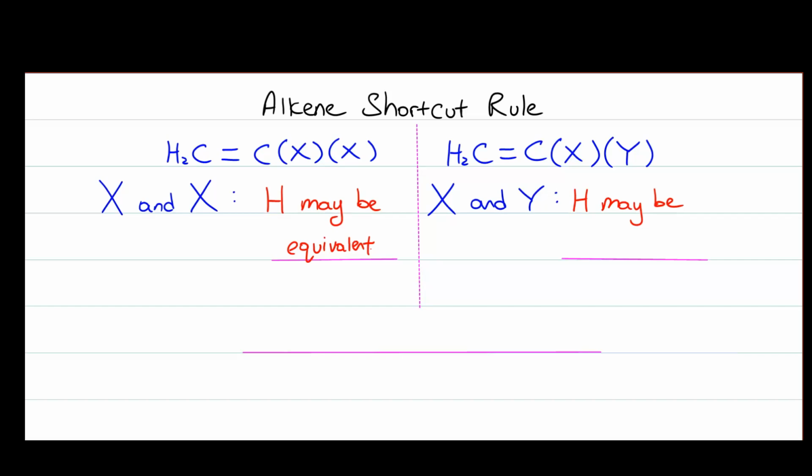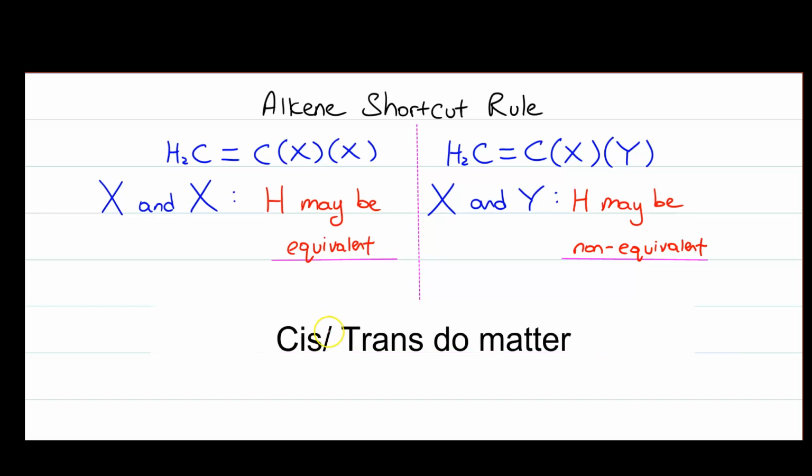However, if the other carbon has two different substituents, the hydrogens may become non-equivalent because cis and trans are no longer the same. In short, cis and trans do matter.